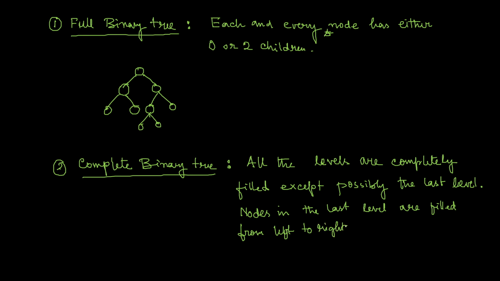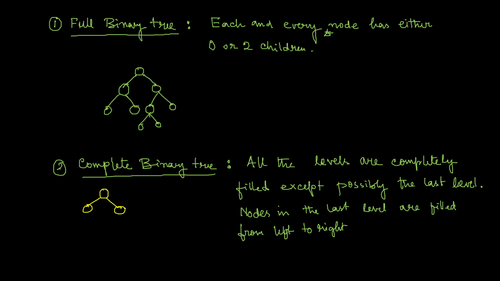Let's take an example. Suppose you start from here, so this is a root node. Obviously, with only one node, this particular criteria is not properly visualized. So let's draw two more children of this node. It is a binary tree, and you can say it is a complete binary tree also.